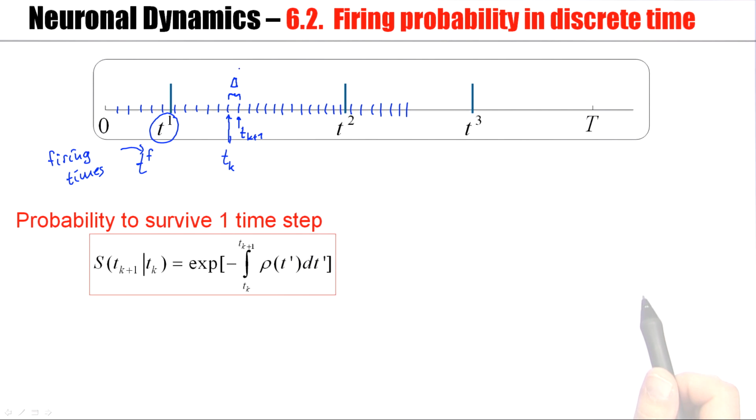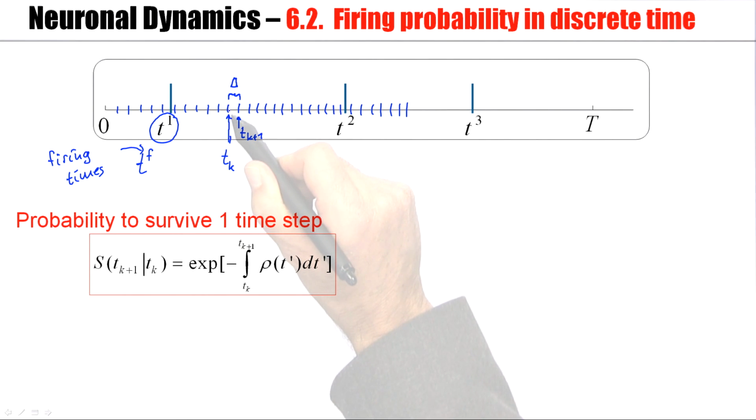Another question is, I have my neuron model, the one with escape noise, with stochastic intensity, and I would like to know what's the probability that the neuron survives from tk to tk plus 1, the whole time step delta, without firing.